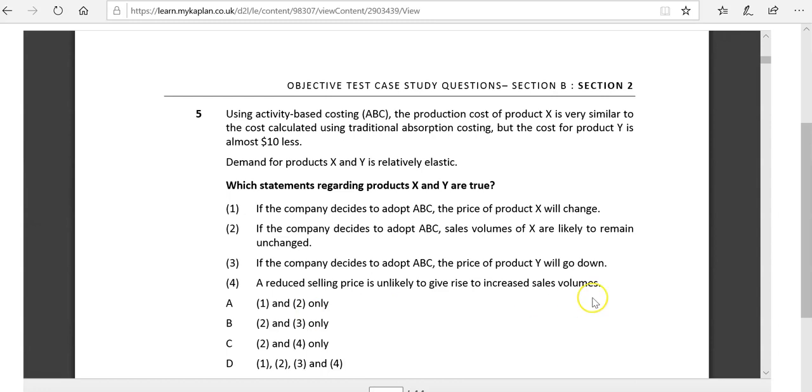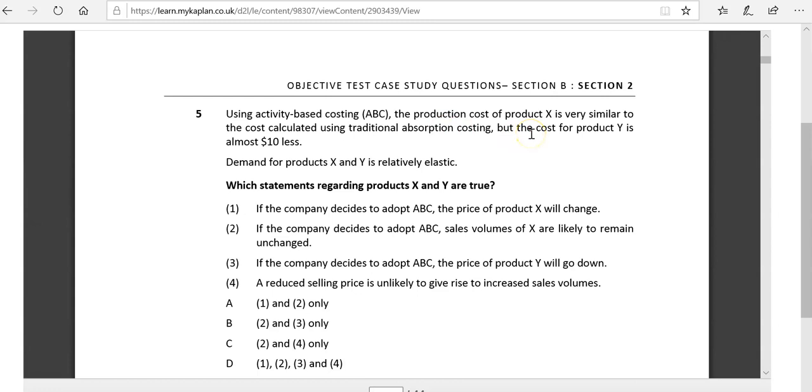And finally, question 5. Using ABC, it's interesting here. What they're saying is that using ABC, the production cost of X is very similar to using traditional absorption costing. Okay, so using either method, you come up with roughly the same thing.